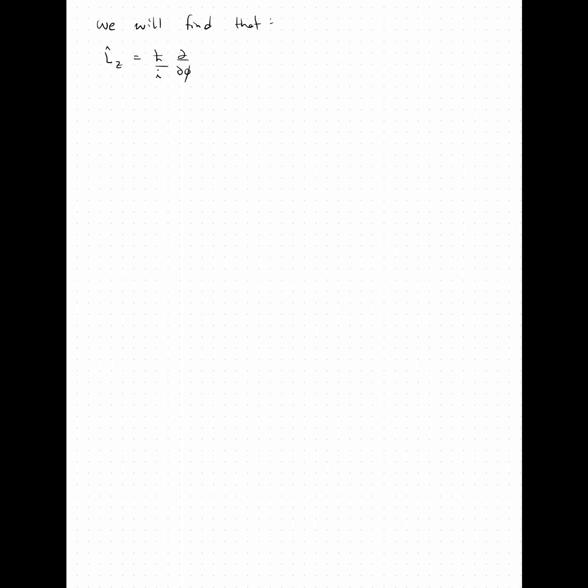Lz is h bar over i d/d phi, so it looks very similar to the case for the linear momentum, just z is replaced by phi. And one can ask, with this operator, what are the corresponding eigenfunctions and eigenvalues?